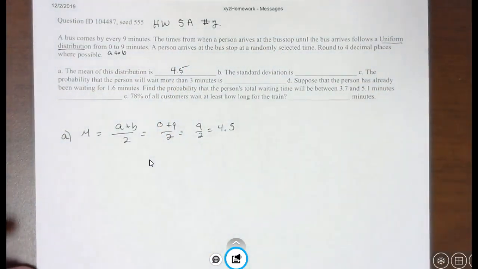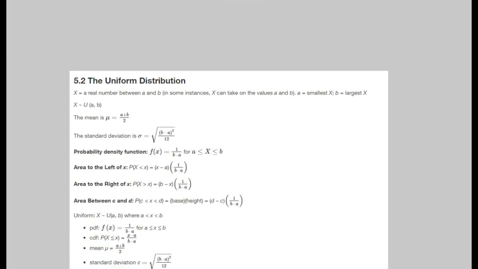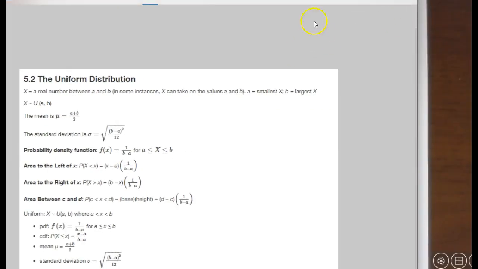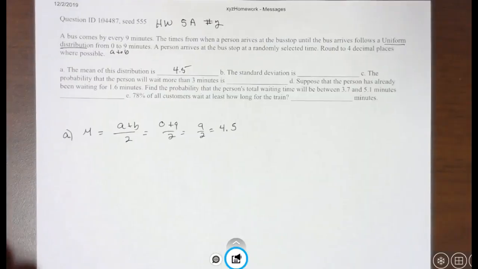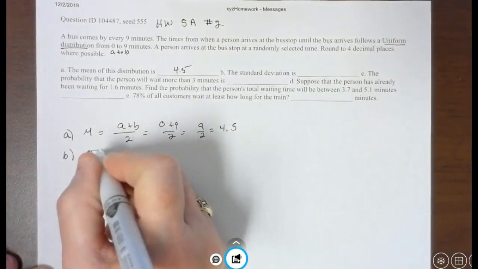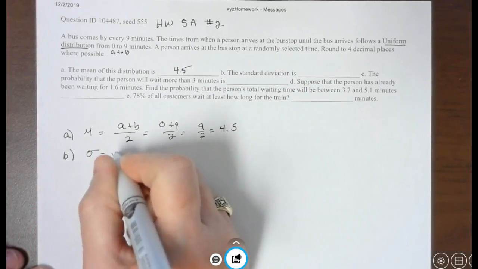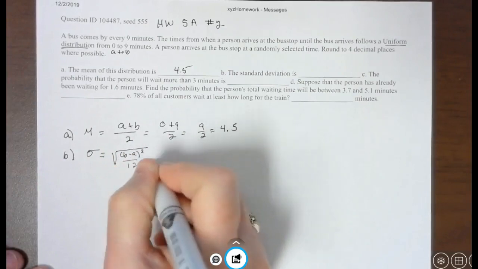And then the standard deviation. Let's look at the formula for the standard deviation, which is sigma equals the square root of b minus a, all squared, divided by 12. You notice that's all under the square root, and that's important to remember. So I'm looking for sigma, the standard deviation, which is the square root of b minus a squared all over 12.